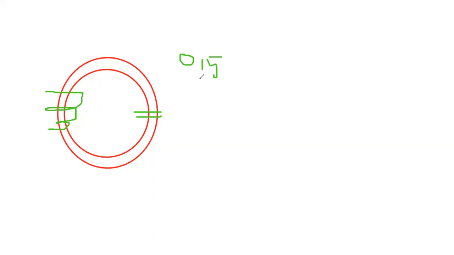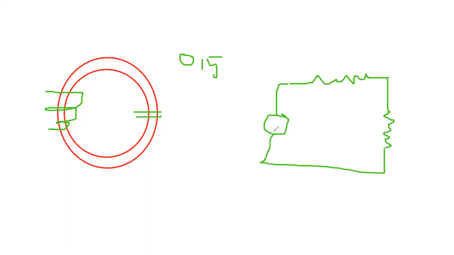If we try to show the equivalent circuit of this magnetic circuit, of course, we have a source, and we have the first reluctance, which is the reluctance of the core. And after that, we have added the new reluctance, which is the reluctance of the air gap.